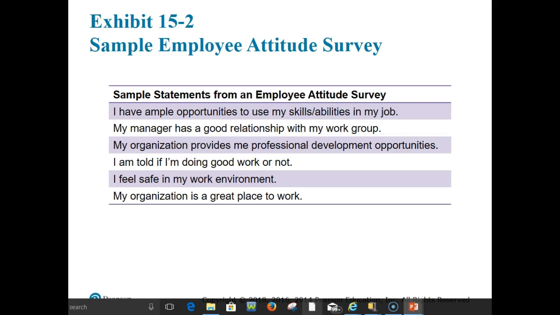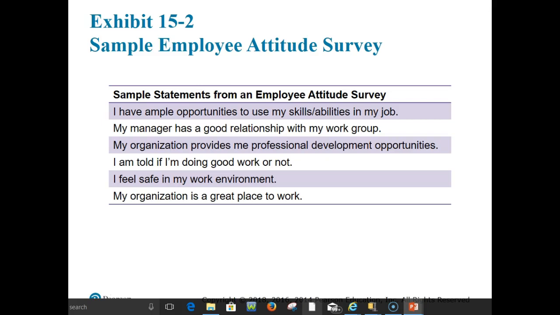Now, Exhibit 15-2 shows an example of an actual attitude survey. These are just some sample statements from an employee attitude survey. I have ample opportunities to use my skills and abilities in my job. And quantitative findings may be strongly agree, strongly disagree, somewhat agree, surveys like that.